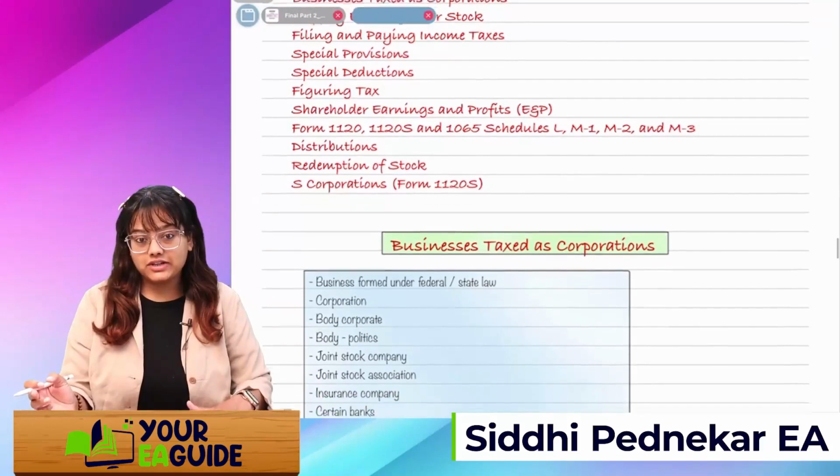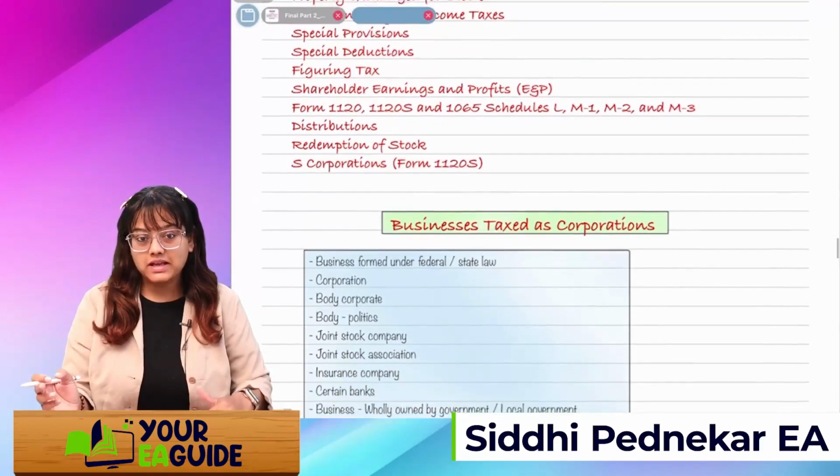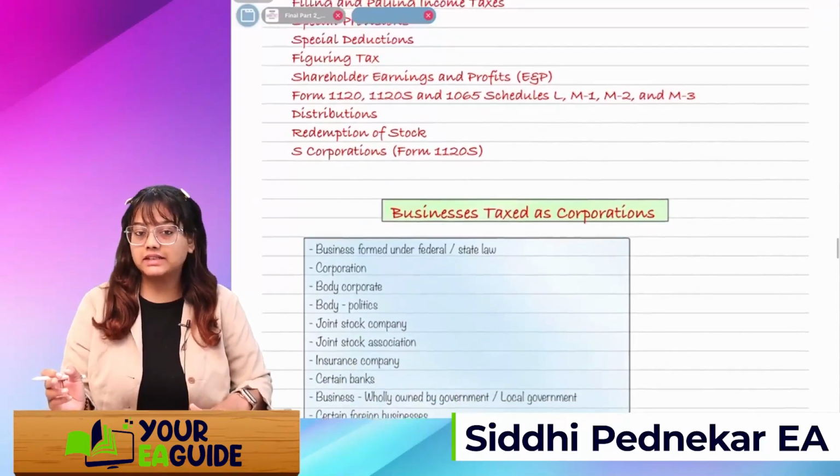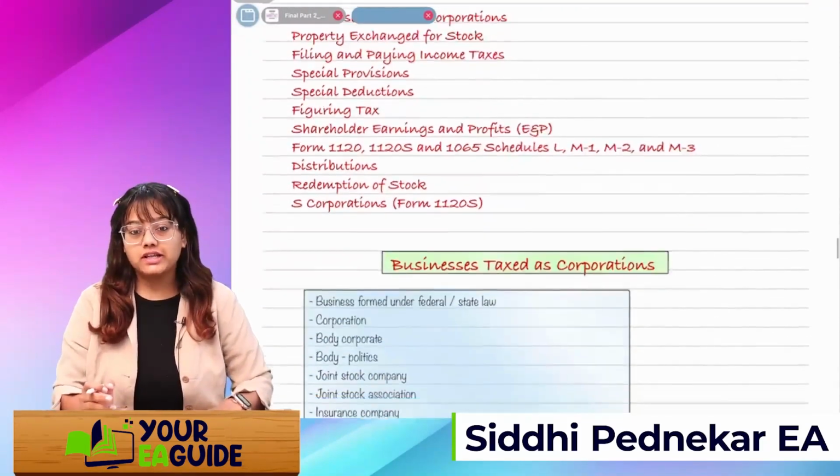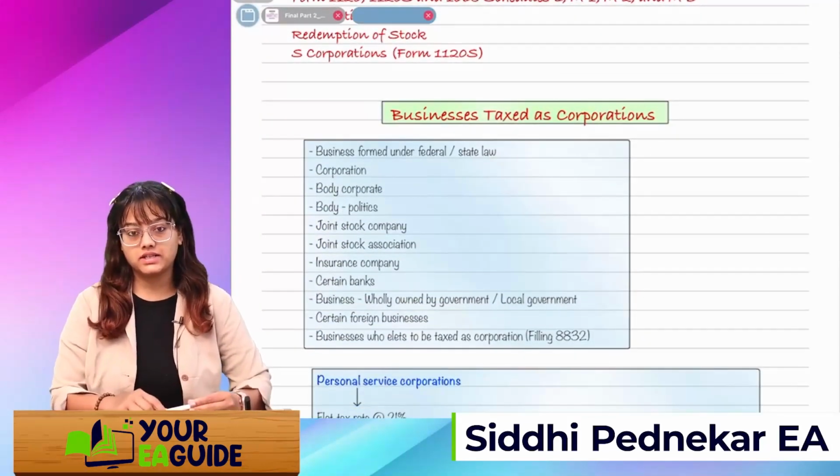Then we'll see distributions, how the distributions will take place, redemption of stock, and then at the last, S corporation. Okay, so let's start with the first topic, that is business taxed as a corporation.